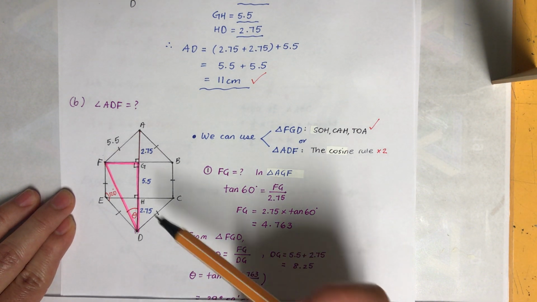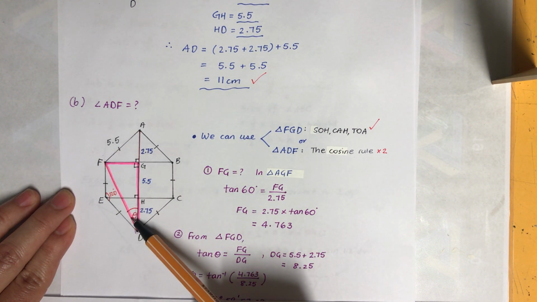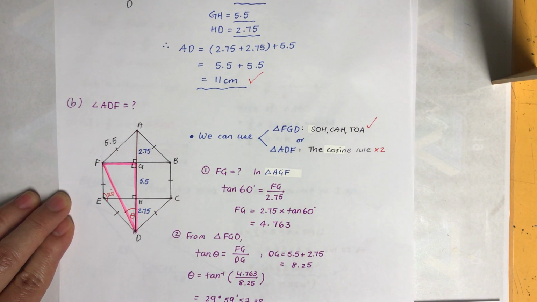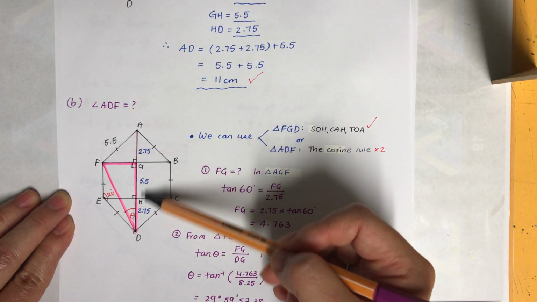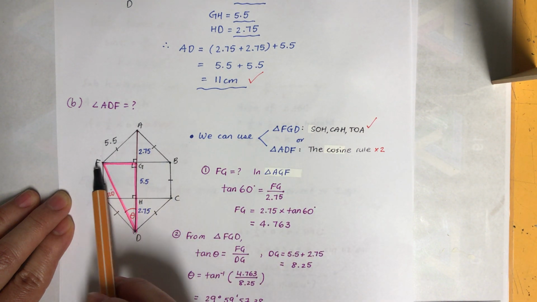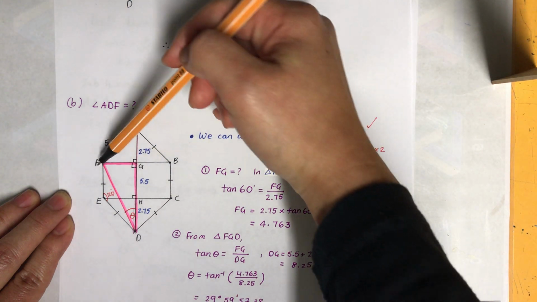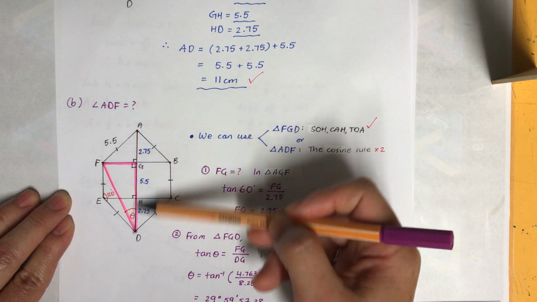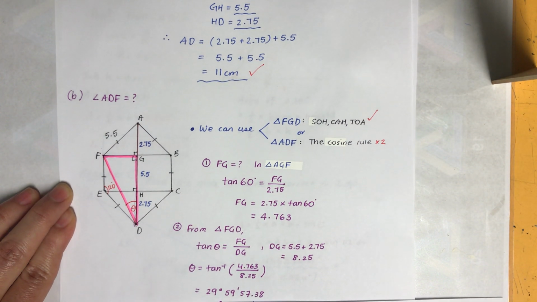Okay, so I'm going to use this triangle to find this angle. So I know this length is what? 8.25 because I added this together, and I need to find the FG. Okay, so if I find the FG and I've got this, I can use tan to find the angle.